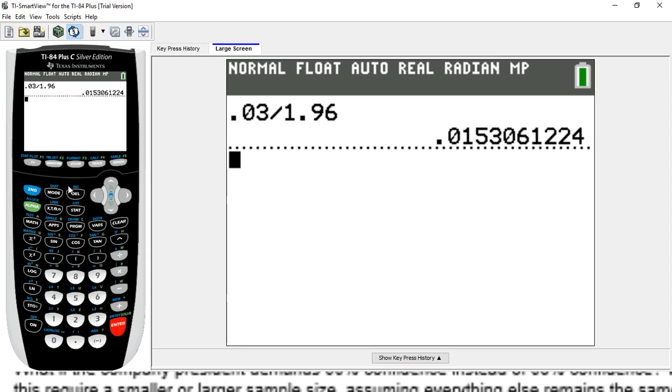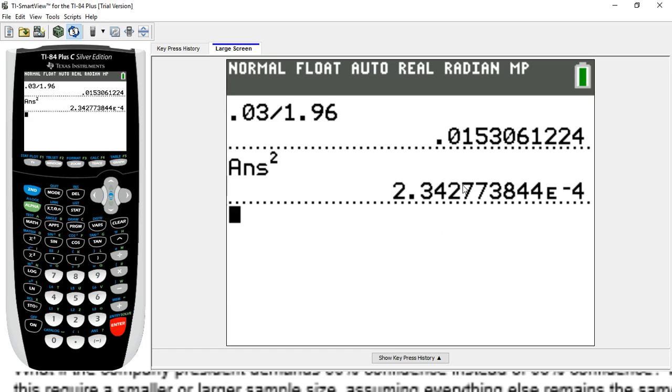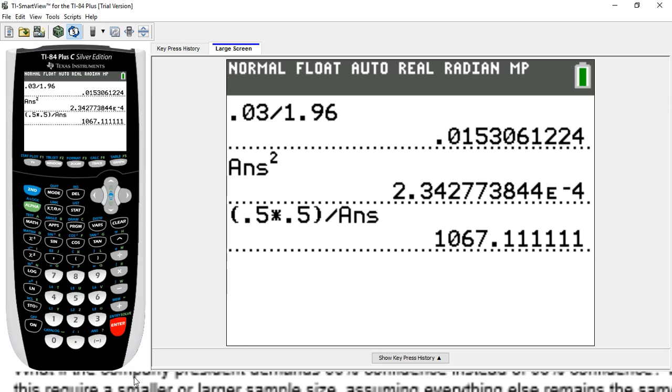Once we've done that, we want to square both sides so that there's no more square root. And then we want to multiply the top, 0.5 times 0.5, and divide it by the answer. So it's 3 steps. Divide, square, and then divide again.